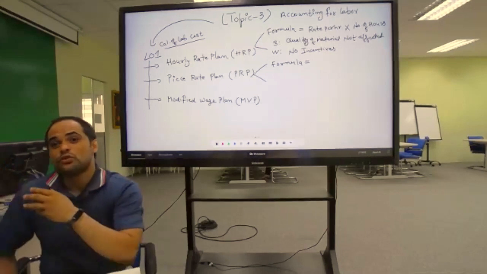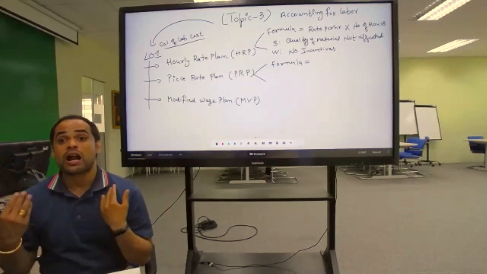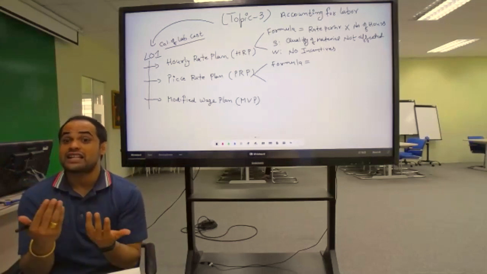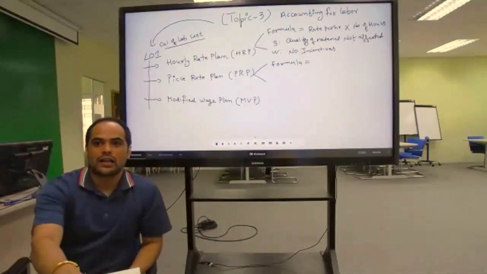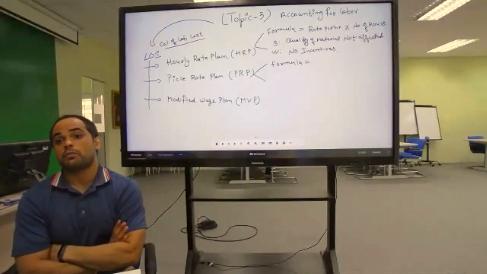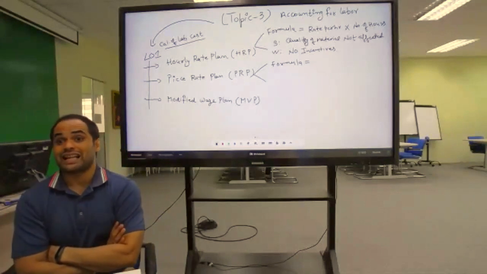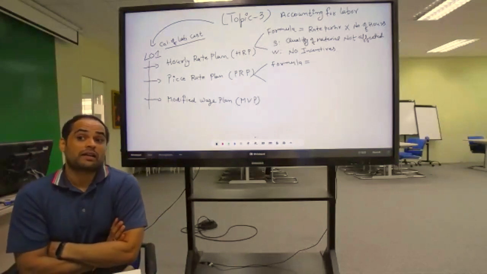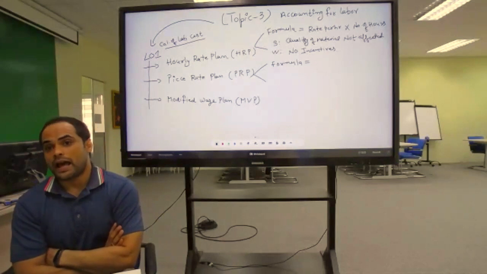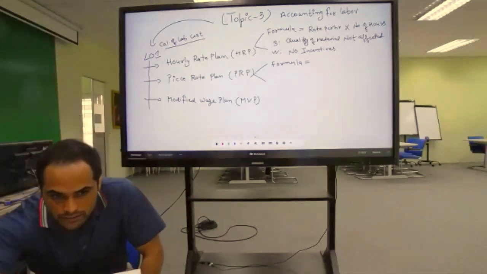If you sell more land and houses, which are the company's products, you have a chance to make more money. If you sell fewer houses, you make less money. So in that kind of business, the company applies the piece rate plan.